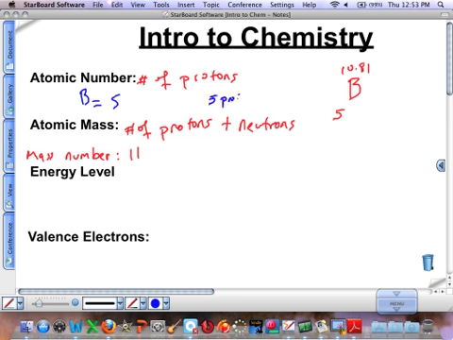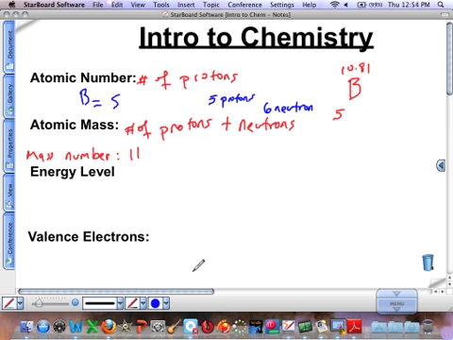I have 5 protons. If my mass number is 11, what does that tell me about the number of neutrons that I have? I would have to have 6 neutrons. How did we get that? 11 minus 5. Take the mass number minus the atomic number. We now have the number of neutrons.